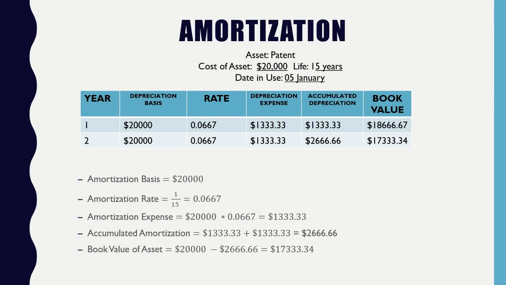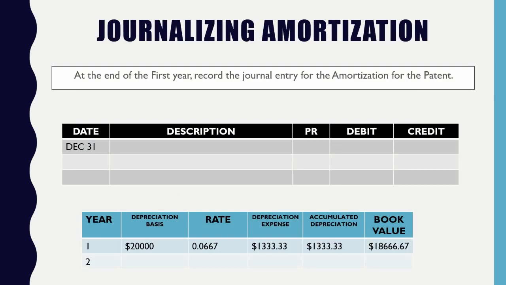So once again, you take your 20,000 times 0.06666667, and you get the same depreciation expense of 1,333.33. All you're doing is adding it to your accumulated depreciation and subtracting it from the total cost to get your book value. Same ordeal here.